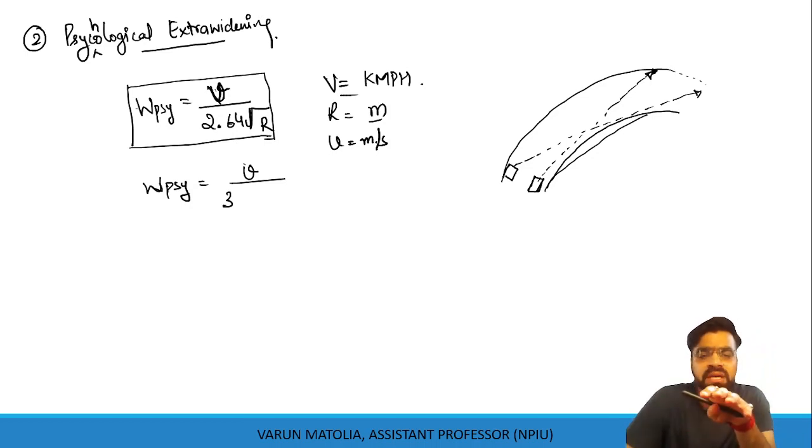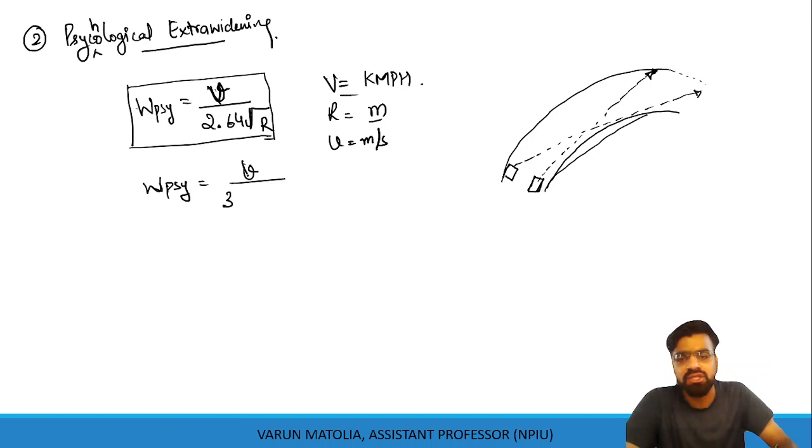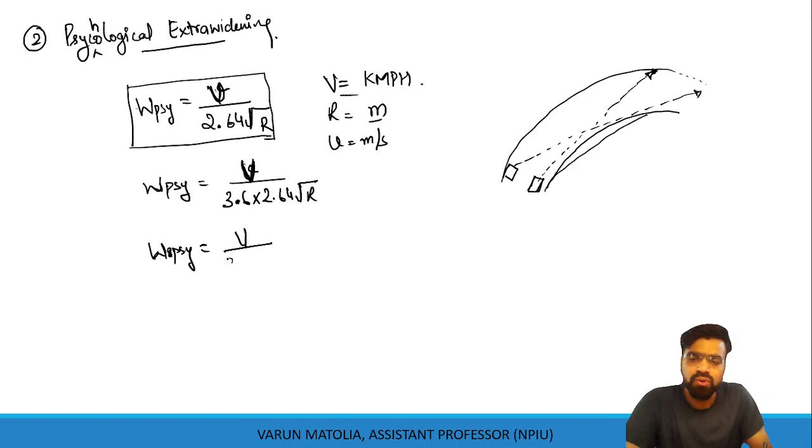So we want this formula to be directly implemented there. So we will convert this small v into capital V by dividing it by 3.6. So the formula will become 2.4 under root R. If you calculate, you'll find that the formula comes out to be 9.5 under root R.